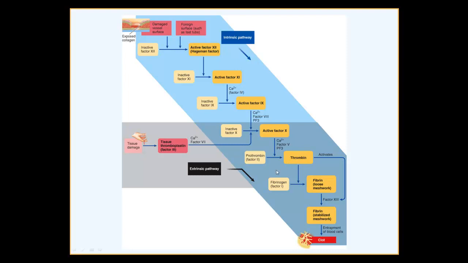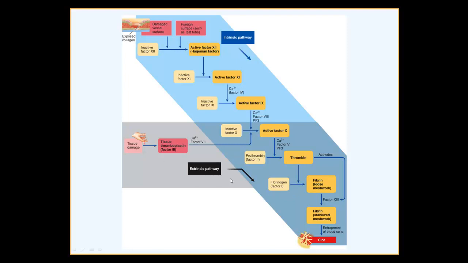Thrombin can activate its own release by activating factor 10. Thrombin can also directly activate the conversion from fibrin to the stable form of fibrin, a very hard rope kind of fibrin, and at the same time thrombin can help in the conversion from fibrinogen into fibrin.